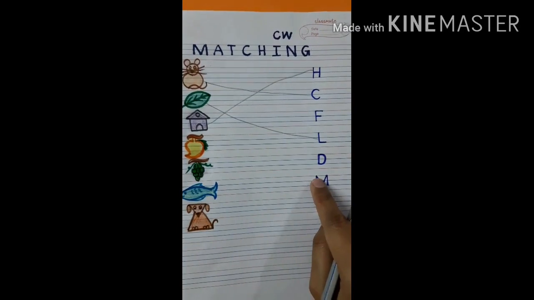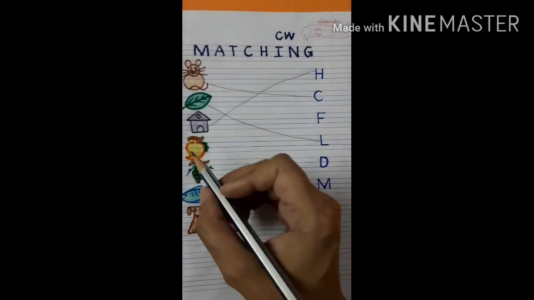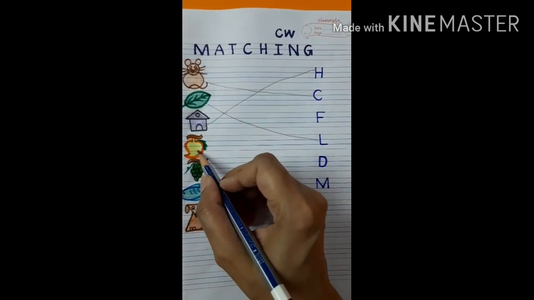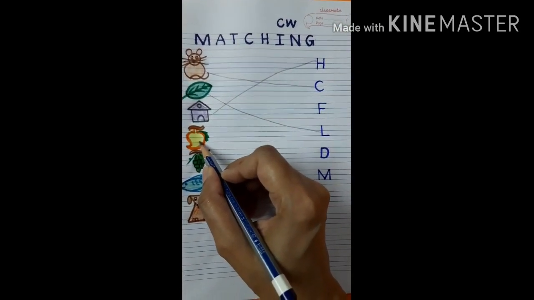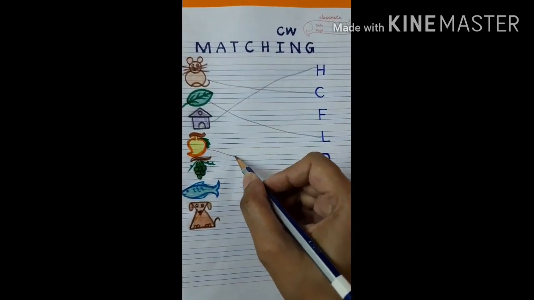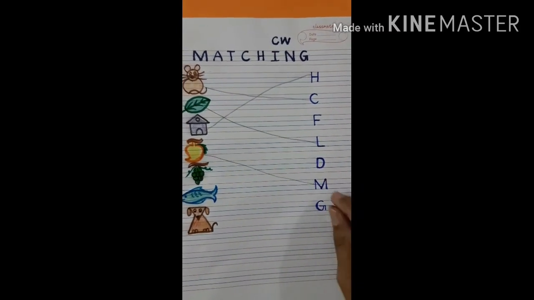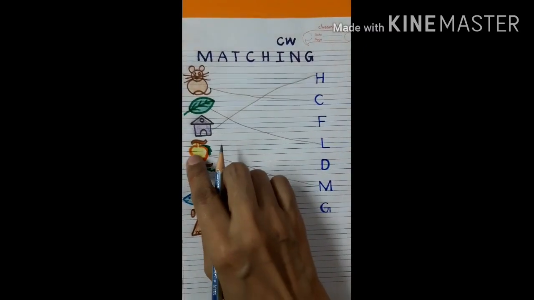So we will match both of them. Keep the pencil on picture mango and draw a line towards letter M. M for mango.